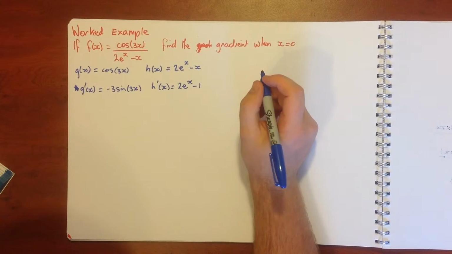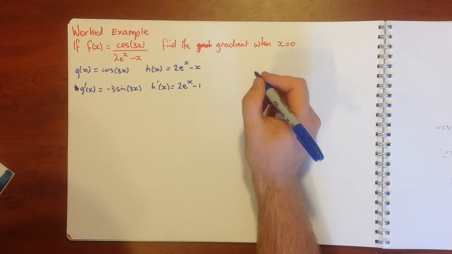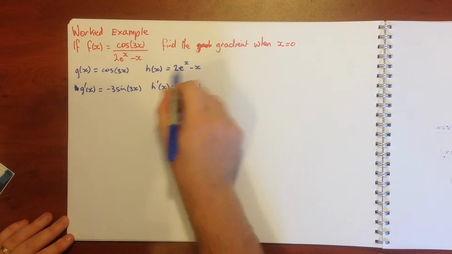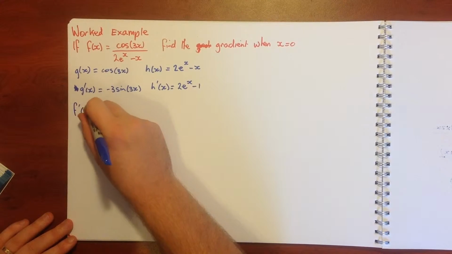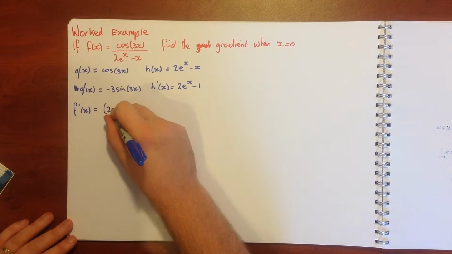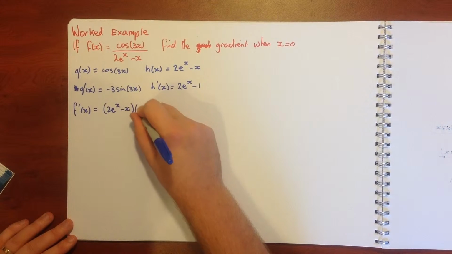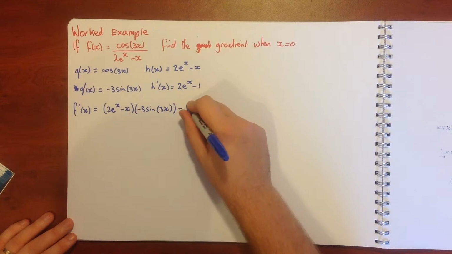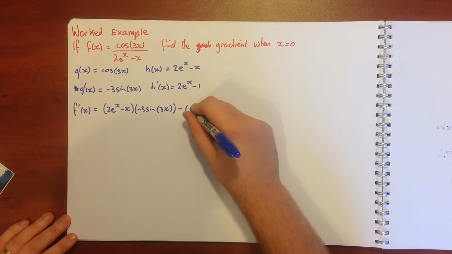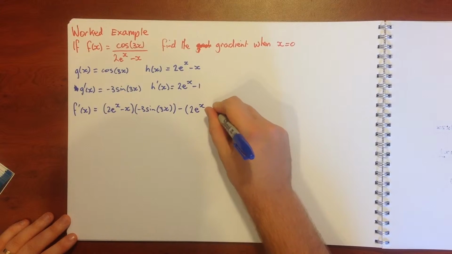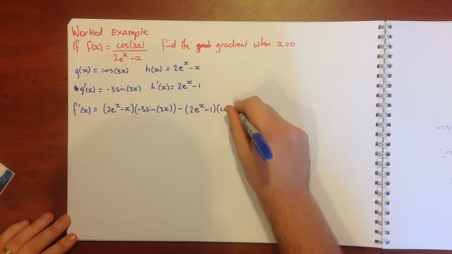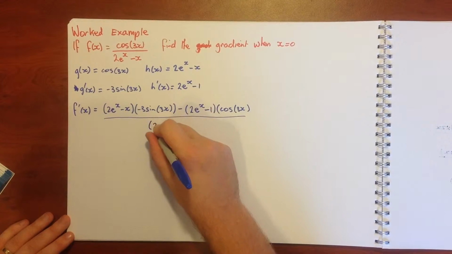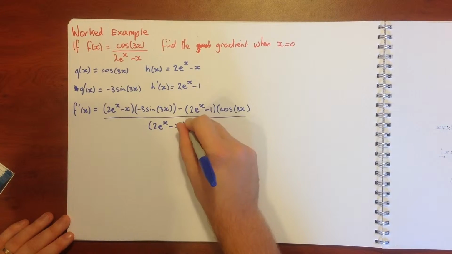Now we've got to get everything organised. We start with our h of x times our g dash of x, so it's the opposite way that we do them this time. So f dash of x equals our 2e to the x minus x times minus 3 sine of 3x, minus, we're going to go this way this time, 2e to the x minus 1 times cos of 3x, over our h of x squared, our 2e to the x minus x squared.